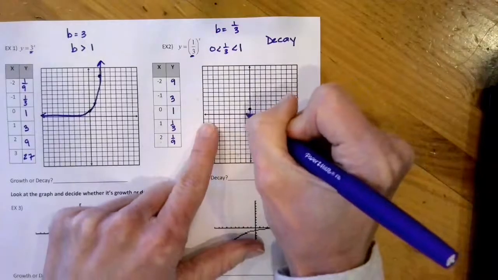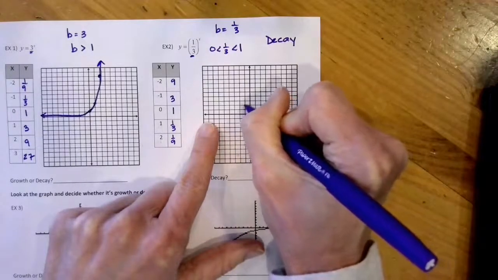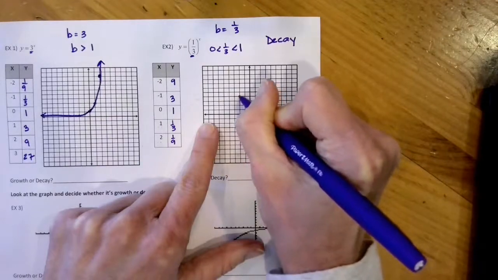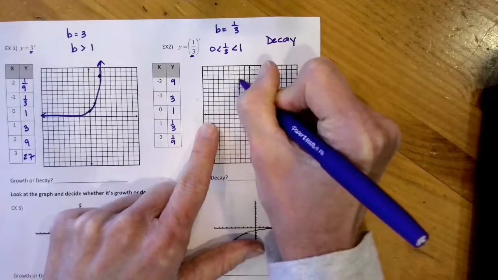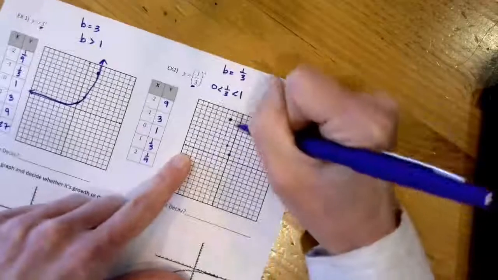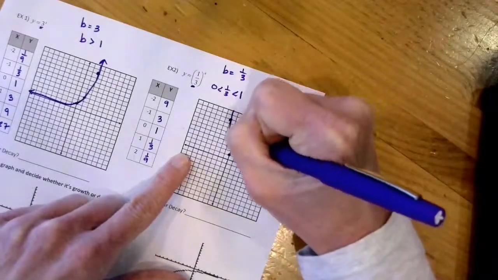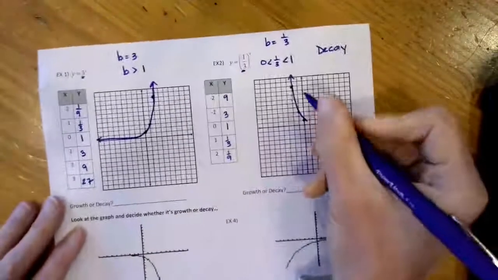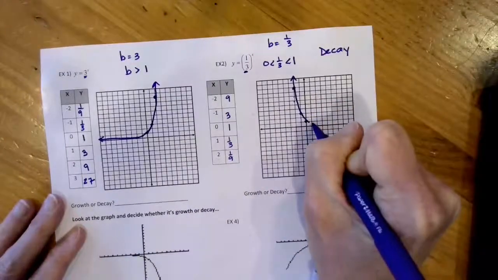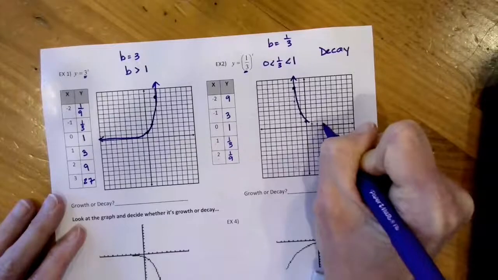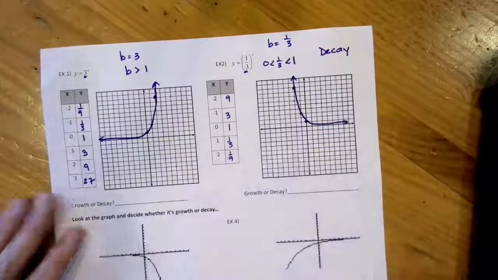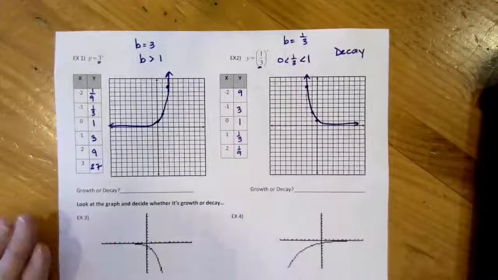But now we have over -1 up 1, 2, 3. Over -2 up 1, 2, 3, 4, 5. And you'll notice that here, that exponential decay is going to take an opposite reaction, 1/3, 1/9, and so on, where I approach but don't ever cross that asymptote.